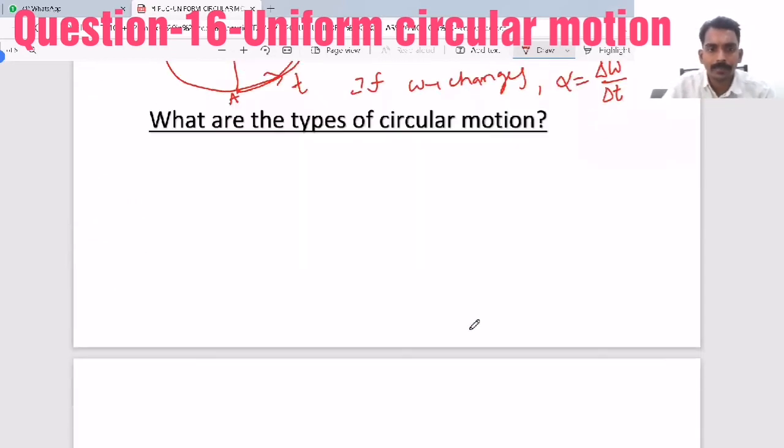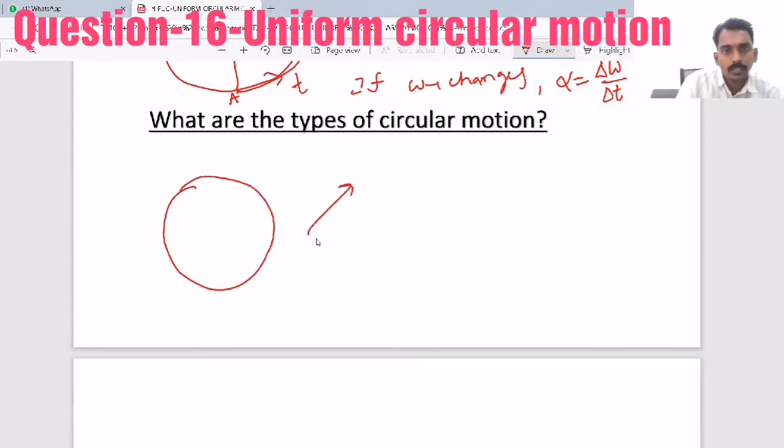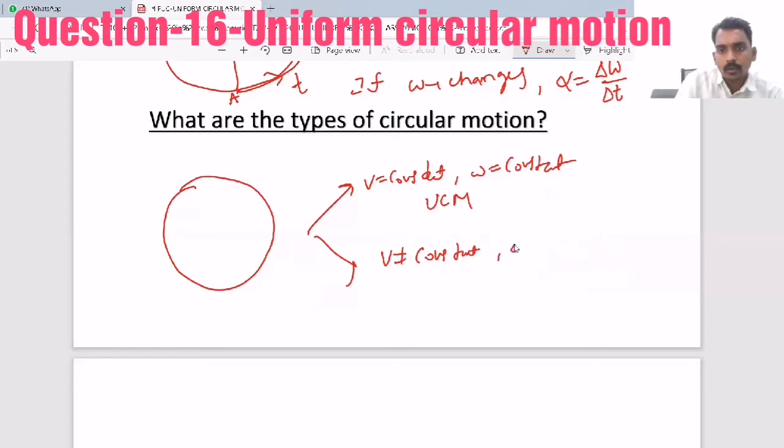Now, when you consider a circular motion with v equal to constant, nothing but omega equal to constant, then we call it uniform circular motion, where speed remains constant but velocity keeps on changing. If speed is not constant, then omega is not constant and alpha is not zero.